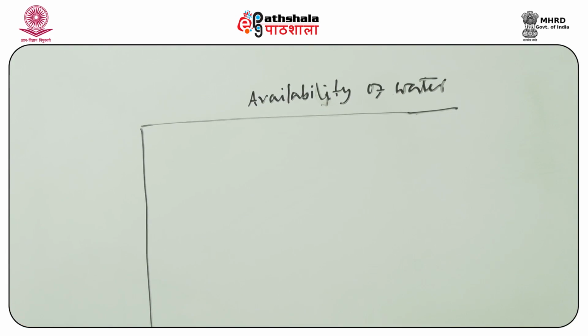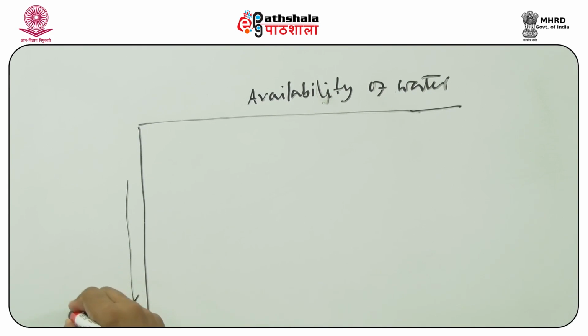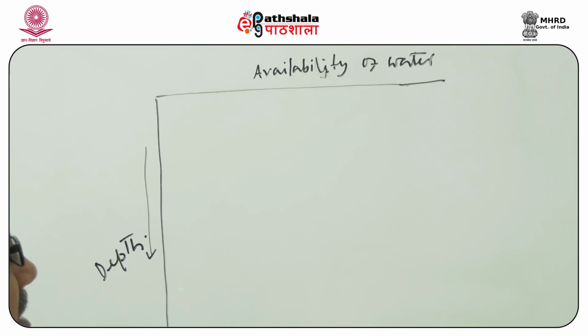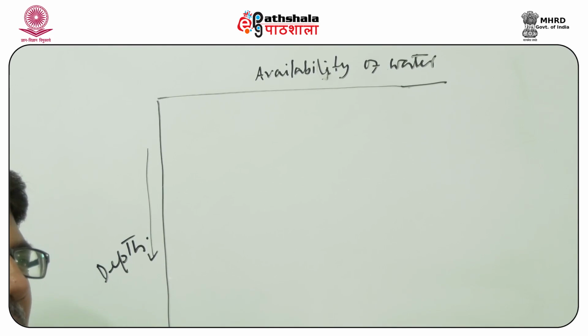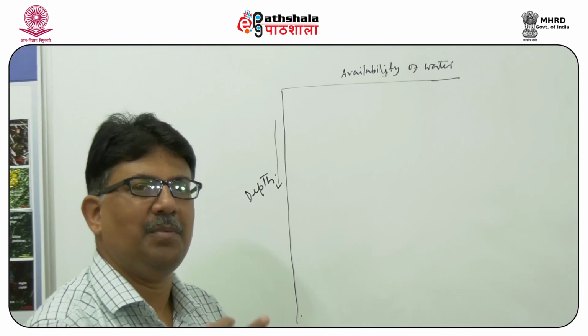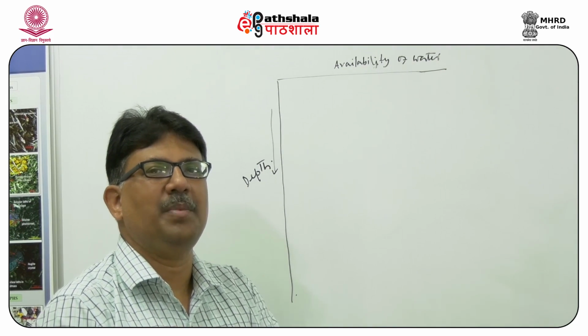In this graph, what is being attempted is to show you the availability of water with respect to depth. Now, as I discussed earlier in the curve, you can see the pattern of porosity and how the porosity evolves with depth. If you reduce the porosity, the pore water will be liberated.